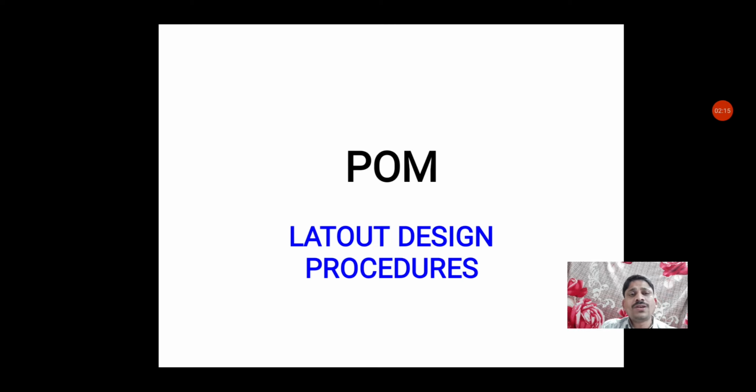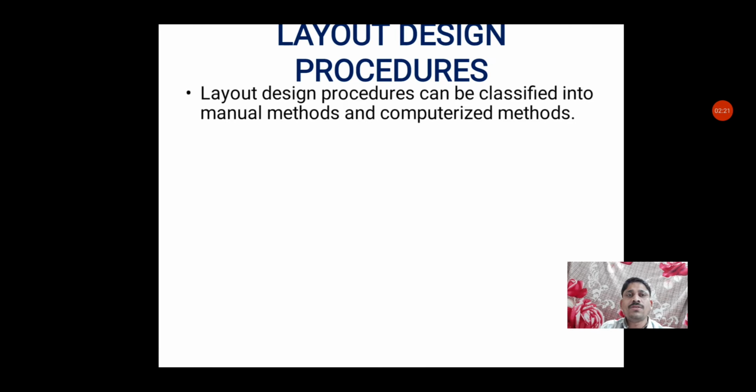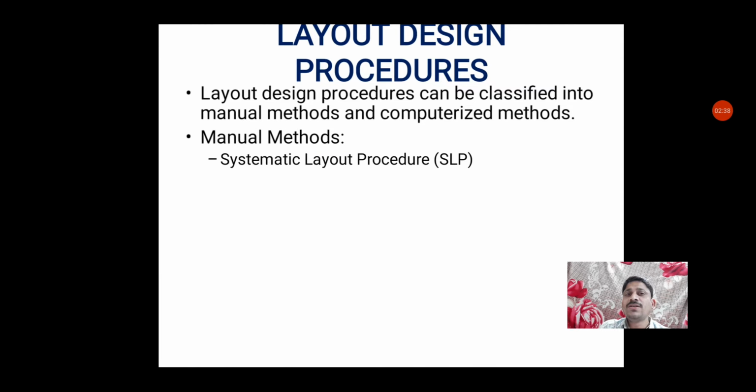What are the different types of layouts in production operations management? The layout design procedures are majorly of two types: manual method and computerized method.